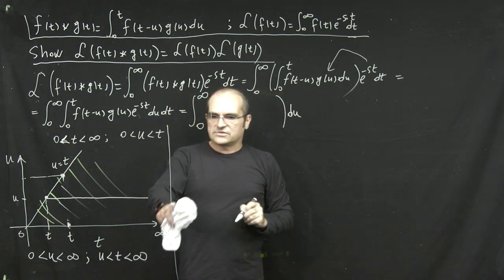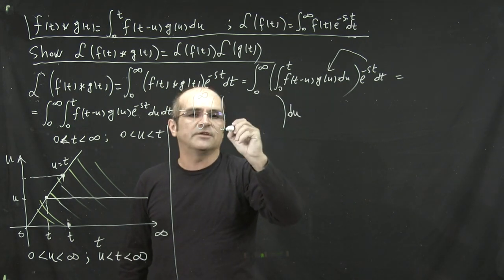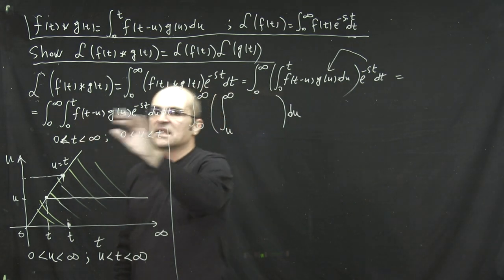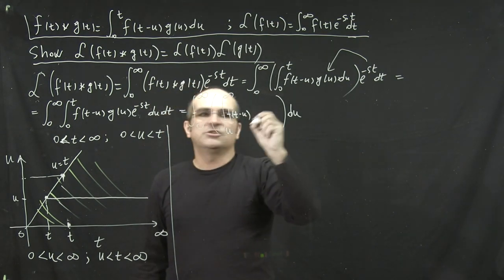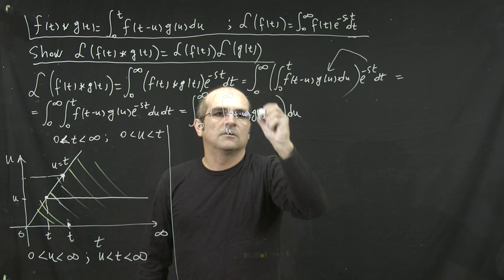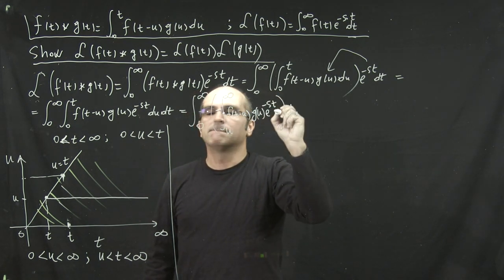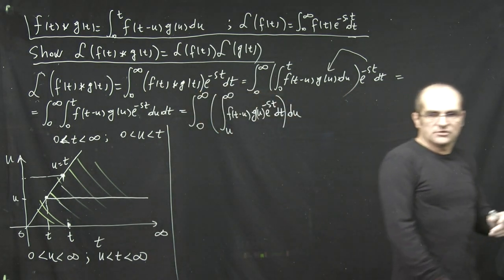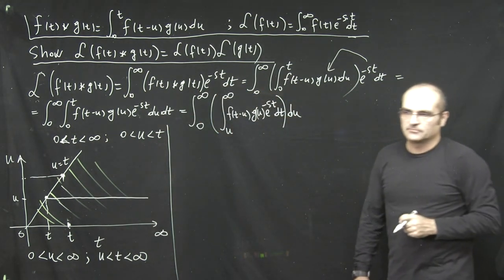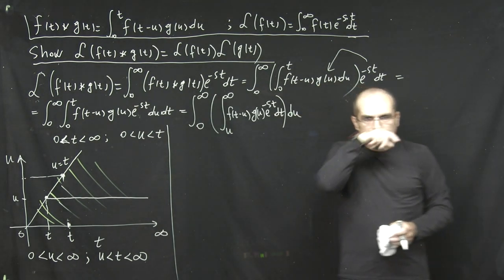And then the innermost integral, which is in terms of t, varies between u and infinity. The same function is integrated, obviously: f of t minus u, g of u, and e to the minus st dt. So all we did was change the order of integration, which of course forces us to change the bounds as well.